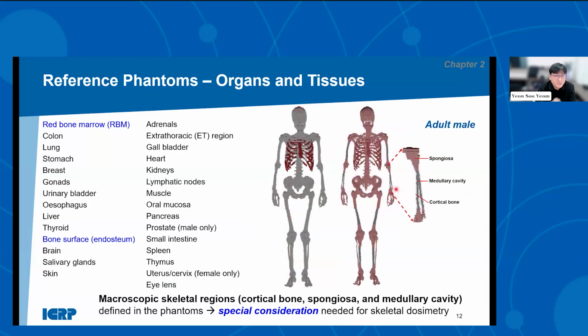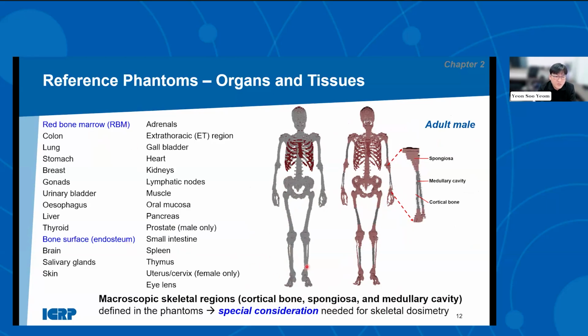Despite such difficulty, at least the reference phantom defined the macroscopic skeletal regions: the cortical bone, spongy bone, and medullary cavity. So we consider this microscopic skeletal region as a homogeneous mixture of the various microscopic skeletal tissues, such as the bone marrow and bone surface.